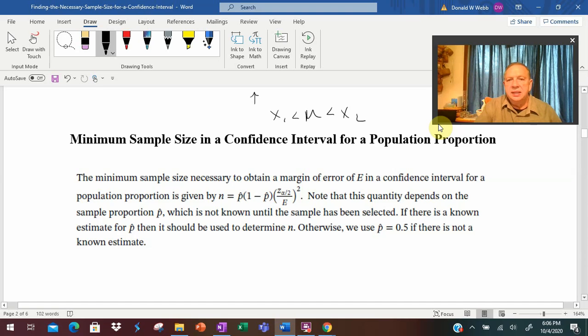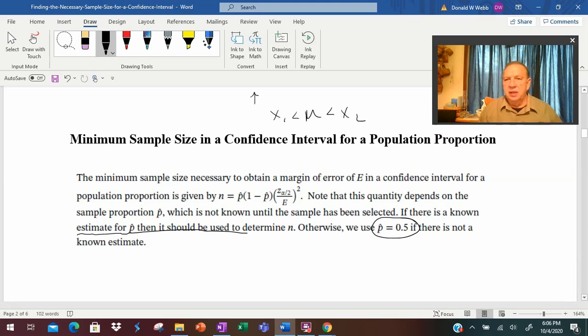If not, we're going to use p hat equal to 0.5. If there's a known estimate for p hat from a previous study, that should be used. If not, and this is the very first time we've ever done this proportion study, we're going to start out with p hat equal to 0.5. Okay, so let's take a look at how we do that.